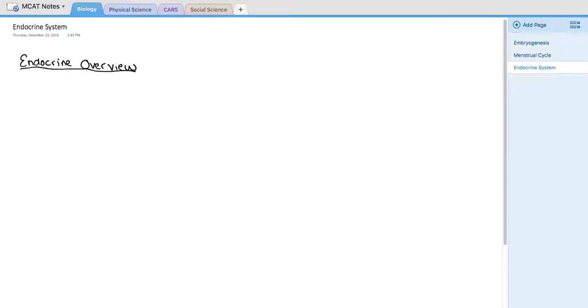All right, so this is going to start the endocrine system. So the endocrine system, you're going to have the hypothalamus, which will be the control center of the endocrine system. This will control the pituitary gland, which is the master gland.